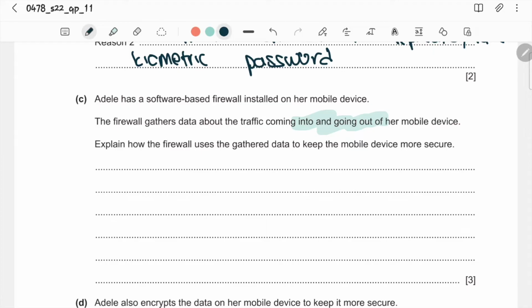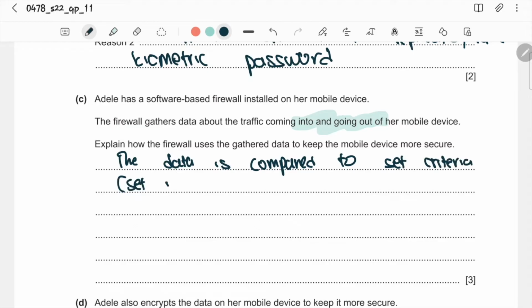So first of all, this data is compared. The data is compared to set criteria. Okay, it's criteria set by the user, so you can even write here: set by user. If the traffic doesn't meet the criteria, it is rejected.